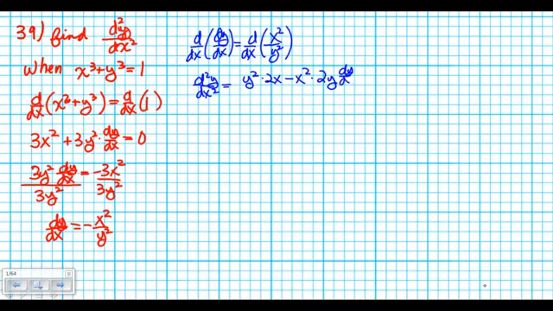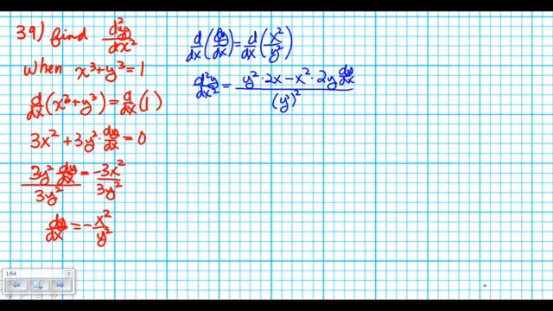Of course, we have a chain rule when we take the derivative of y squared. And then we've got the bottom squared. So far, so good?